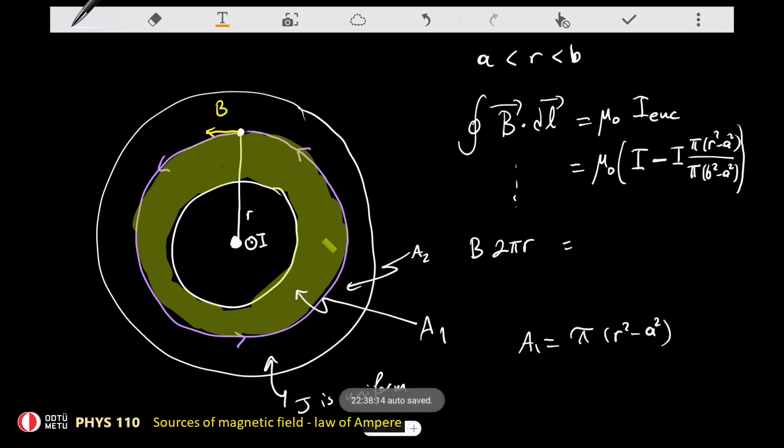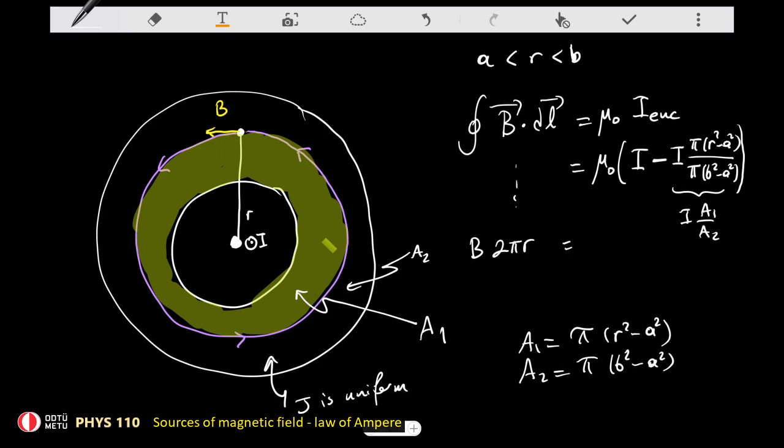This is the area which remains inside the surface enclosed by the Amperian loop. A2 is the total area of the conducting shell. This is basically current multiplied with the ratio of the areas. So current divided by the total area is the current density, and I'm just multiplying the current density with that.